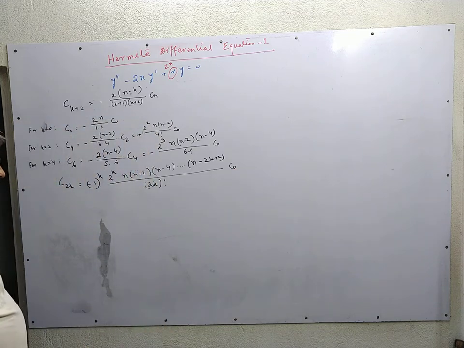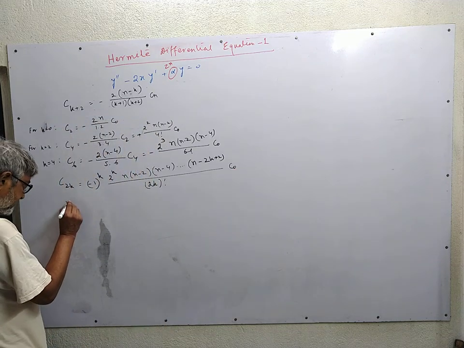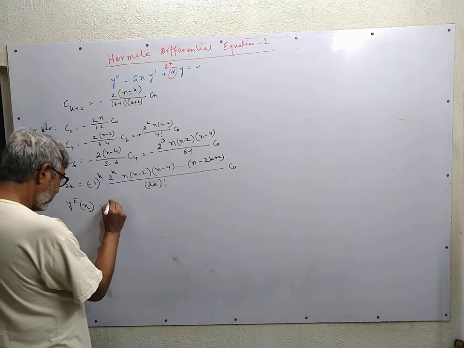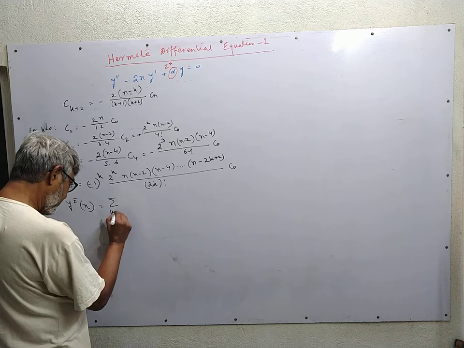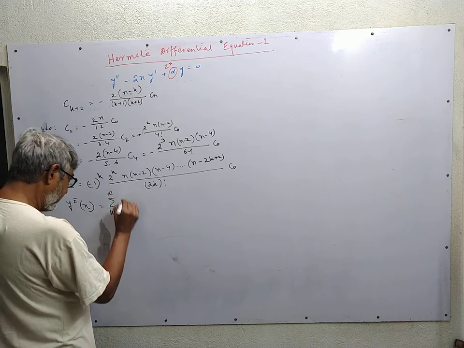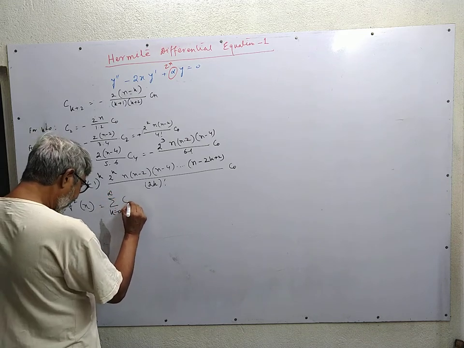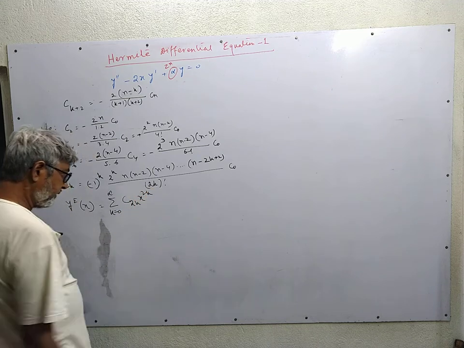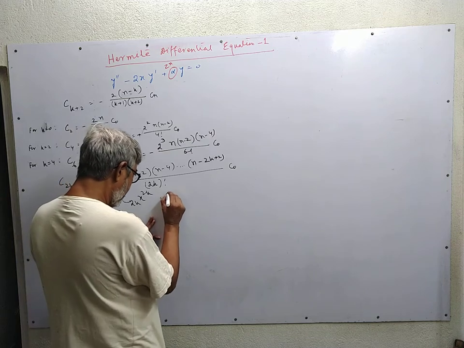And we can write the even series as y even of x is equal to summation over k equal to 0 to infinity, C of 2k x to the power 2k.